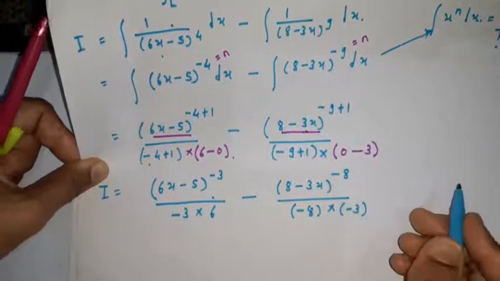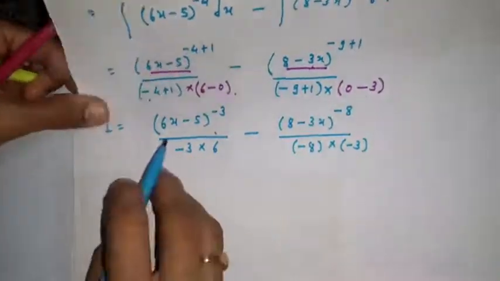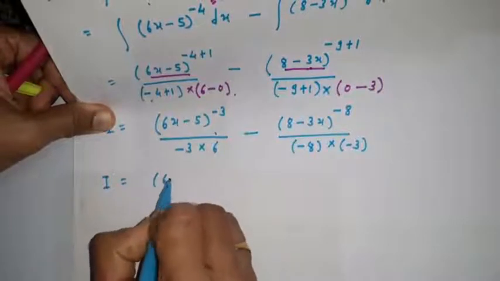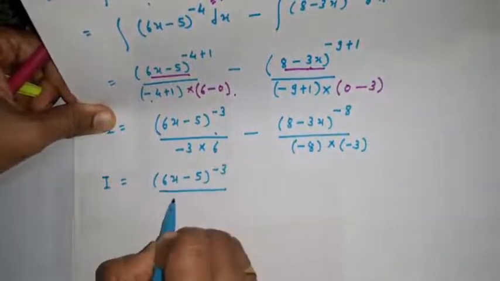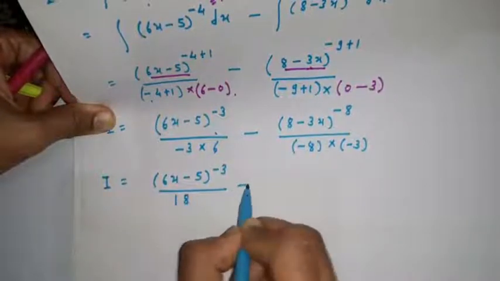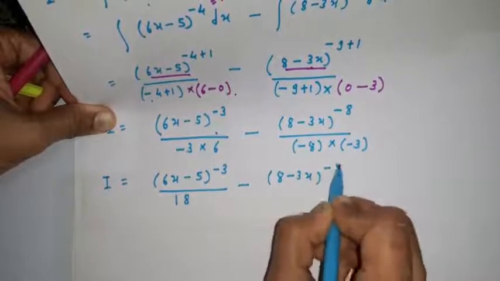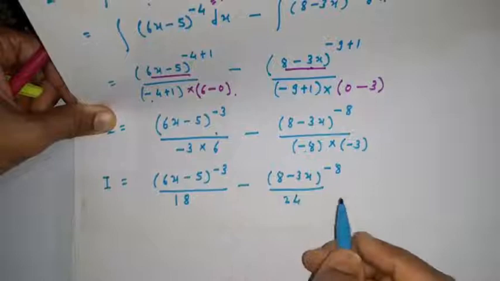Zero minus 3 is minus 3. And hence the integration is (6x minus 5) raised to minus 3 upon 18, minus (8 minus 3x) raised to minus 8 upon, minus becomes plus, 24.